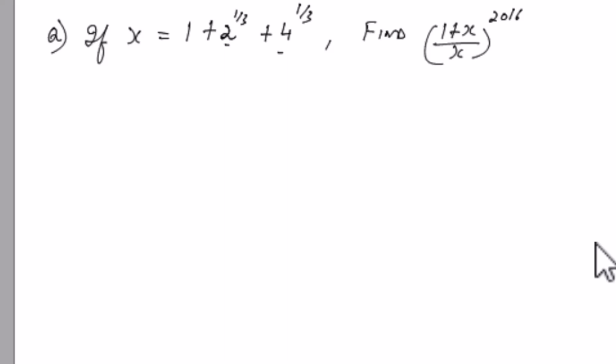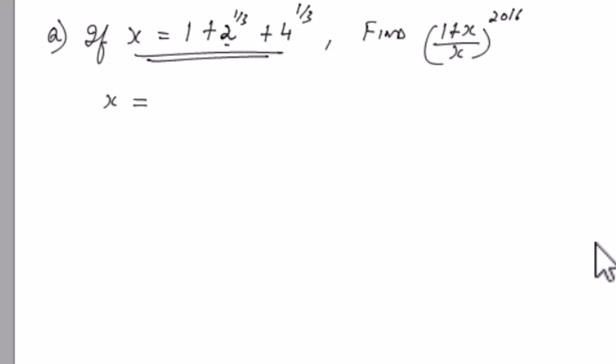All right, now since we have to find (1 plus x) divided by x, and we already know x is this, let us first try to simplify this expression and then try to get the value for 1 plus x. How can we simplify this further?